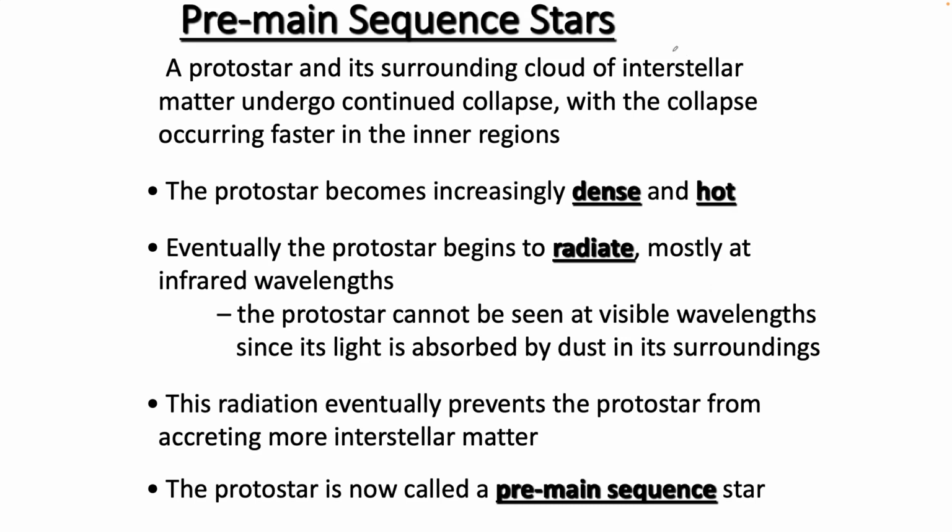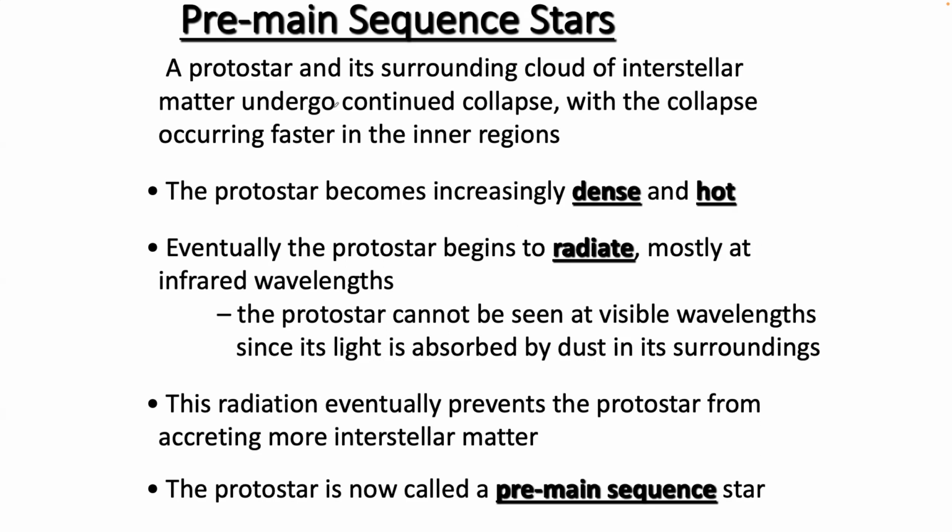Now, when you have a protostar, the protostar and its surrounding cloud of interstellar matter undergo a continued collapse. It will not stop like that. You now have a protostar, but the interstellar matter around it will continue to collapse. This collapse will occur faster in the inner regions.